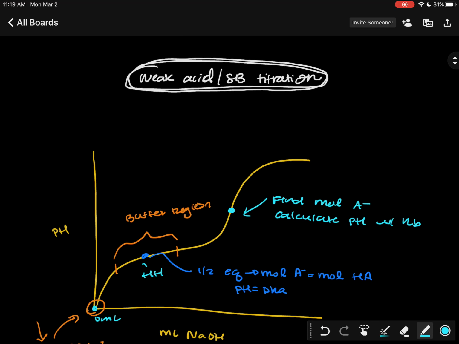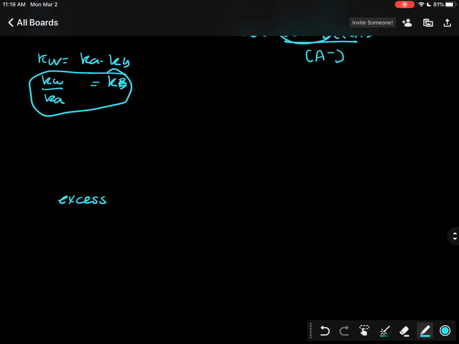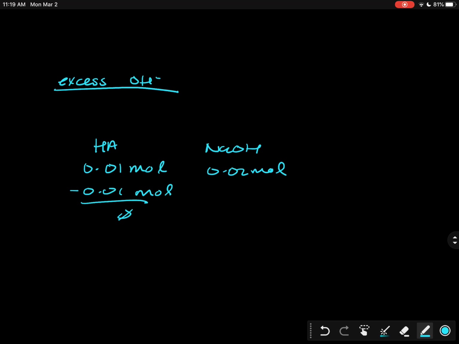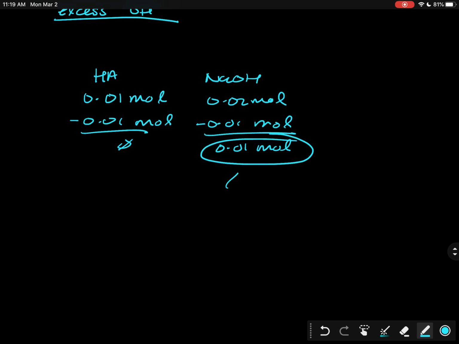Last but not least, and this is probably the easiest, is when we have excess OH. Let's say we have HA at 0.01 mole and NaOH at 0.02 moles. We're going to run out of acid, but we'll still have 0.01 moles of OH here. So we assume all of this is OH minus.